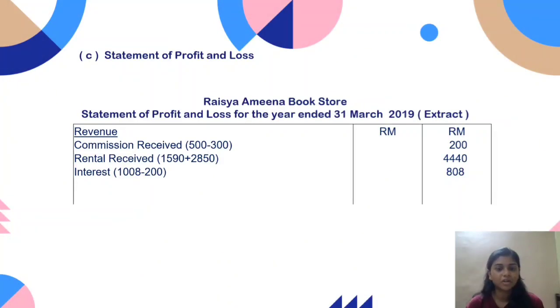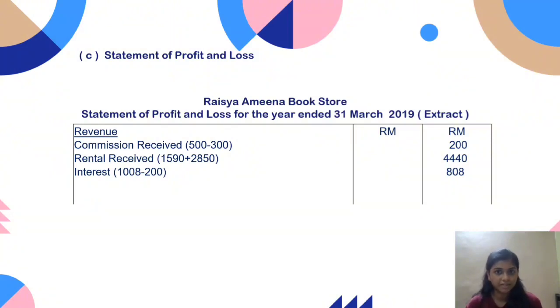Next is the statement of profit or loss and other comprehensive income. As we stated before, there are three different accounts: commission received, rental received, and interest. For the first account, commission received, we have to deduct the deferred amount, which is 300, from 500. The second account is the rental received, and we have to add the accrued amount, which is 1,590, to the 2,850.